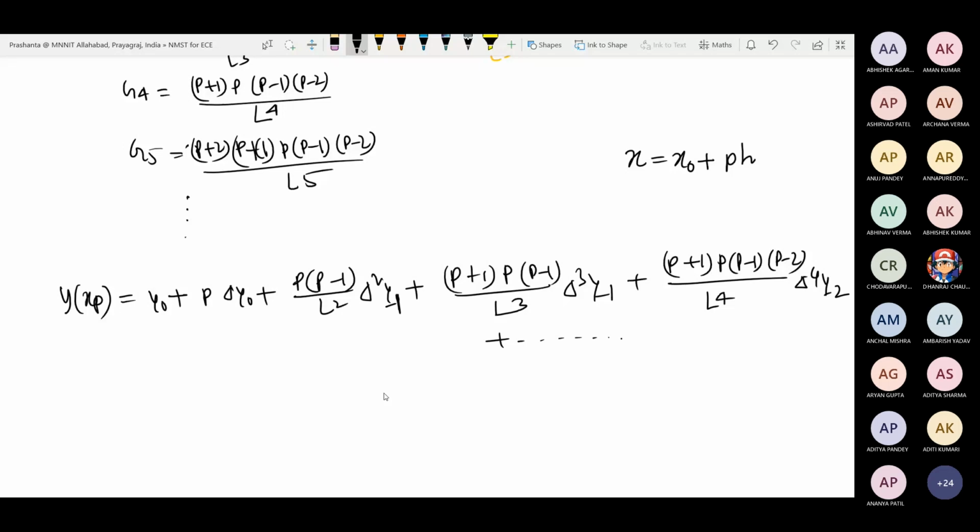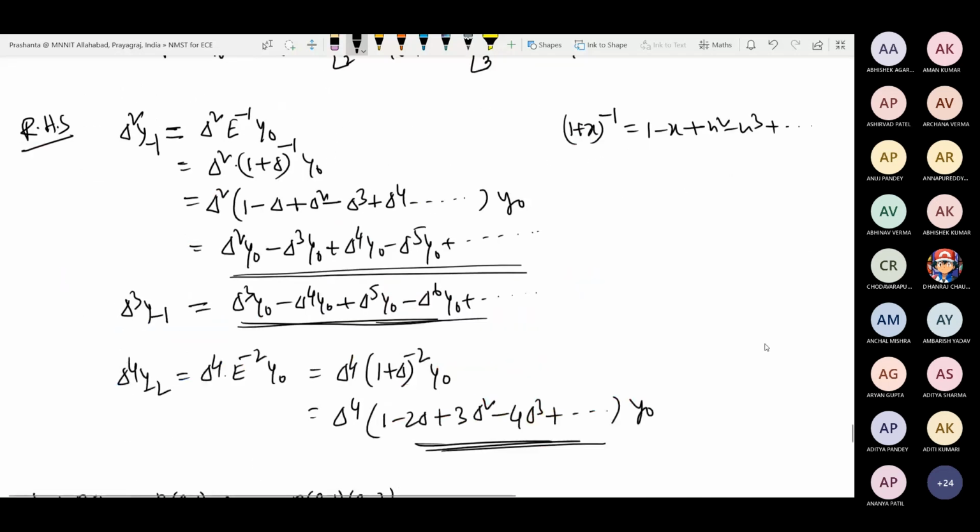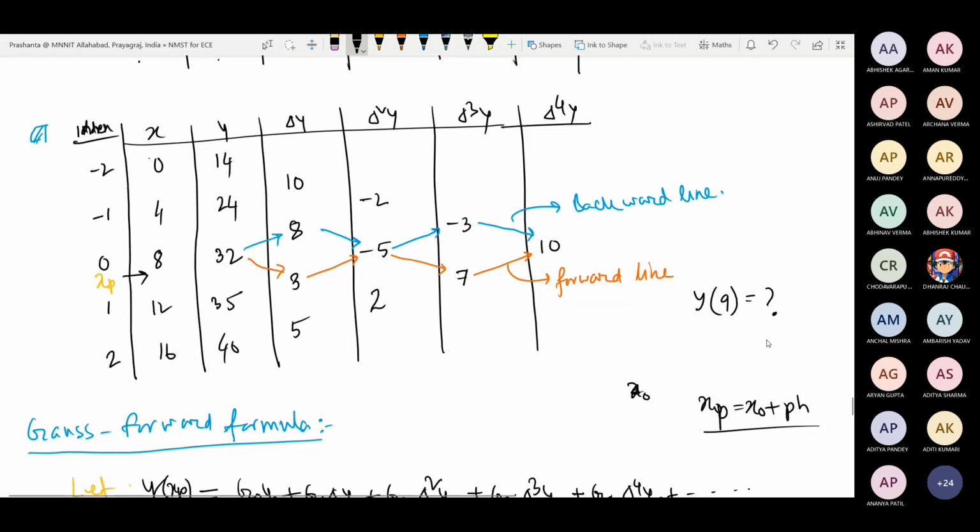Okay. So now using this formula, you tell me what will be the output at X equals to 9 for this data set. So first you tell me what is P. X naught is what? 8. And what is XP? P is coming 1 by 4.